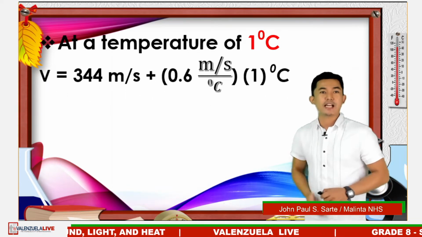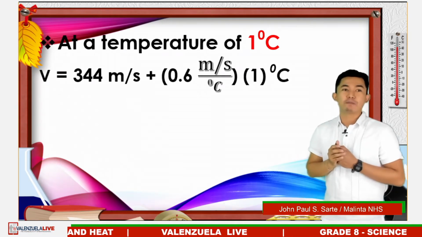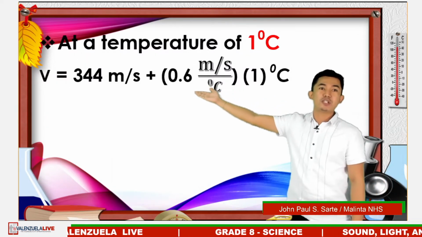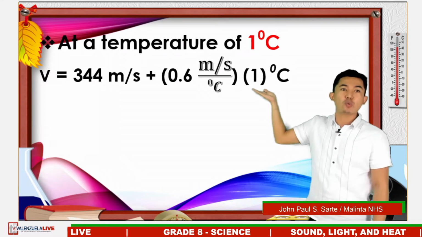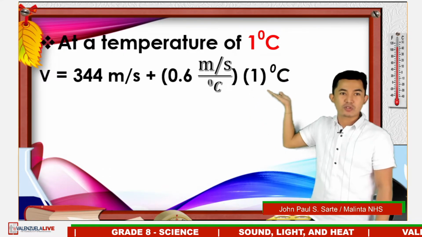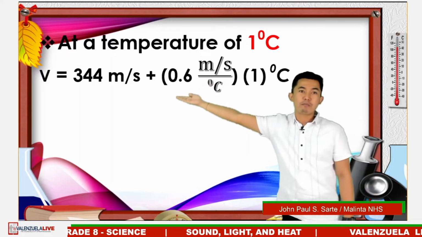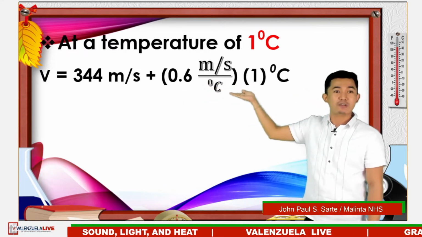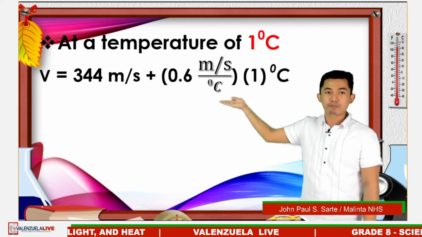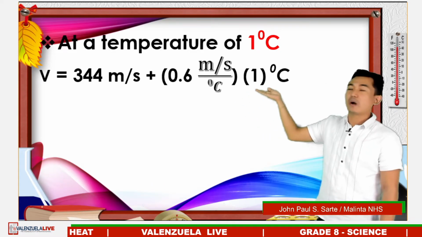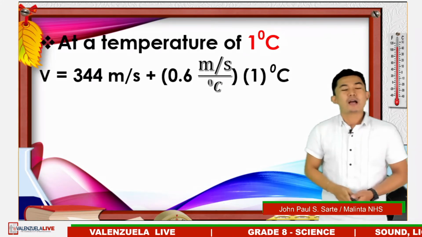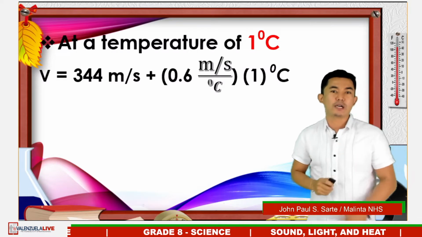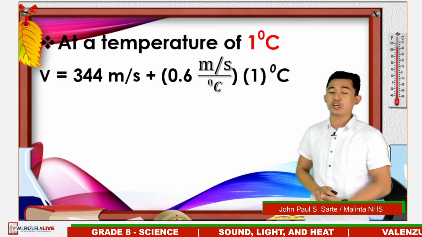Now, let me explain again. First, we need to get the equation. Second, we need to substitute the temperature of 1 degree Celsius. 344 meters per second added to 0.6 meter per second over degree Celsius multiplied by 1 degree Celsius. Now, have you seen the same unit in our formula or equation?